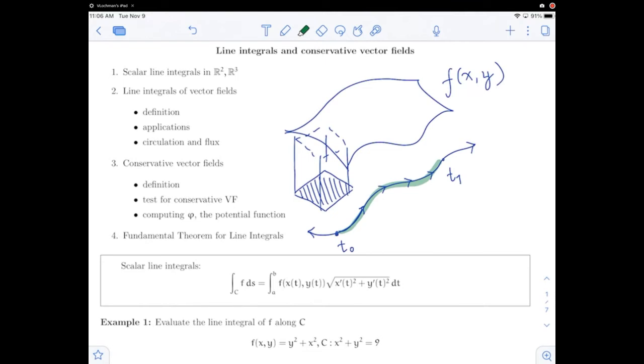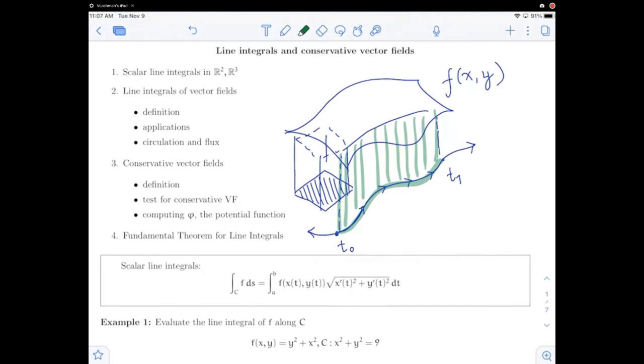So we're not going to go through the rigorous derivation of the formula. You see the formula down here, but I would like for you to have this intuition of what it is that we're computing. One way you can think about it is we're computing or approximating the area of a curtain. If you project this onto your surface and think about this curtain that follows this curve right here, that's what we're computing.